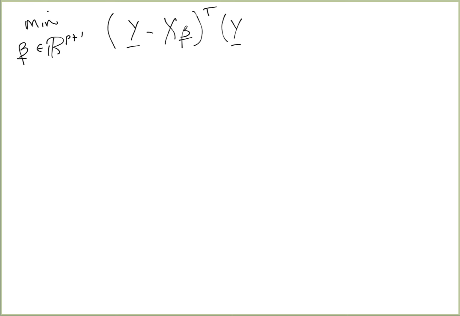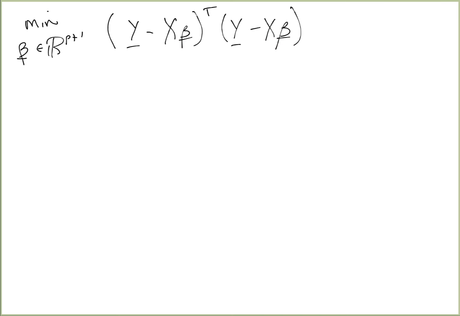So our regression problem becomes minimize over beta in R^(p+1) the 2 norm squared, but written as (y minus X beta) transpose (y minus X beta). So the 2 norm squared of y minus X beta is rewritten as this dot product of y minus X beta and itself.